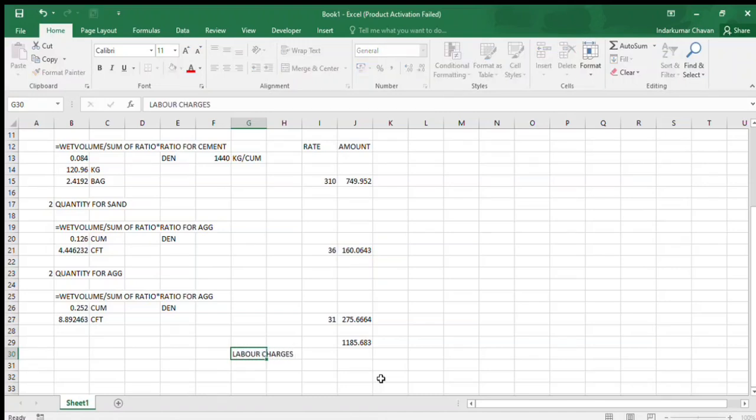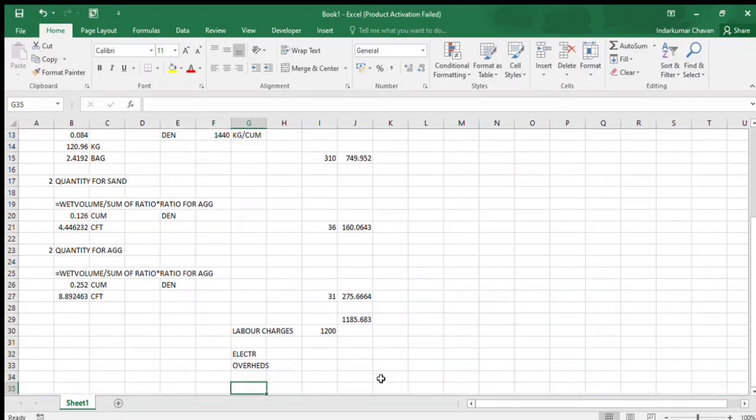In the Pune region, I know the per cubic meter rate is 1200, right? Another one is I need to apply electricity charges, right? Then I need overheads, and then I need profit.